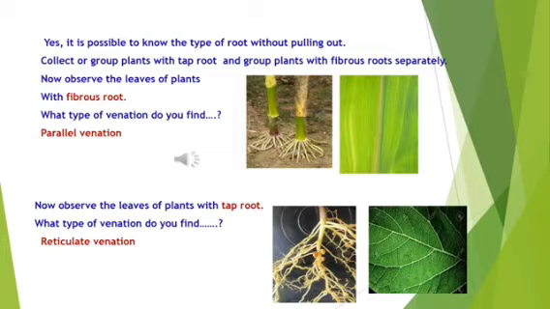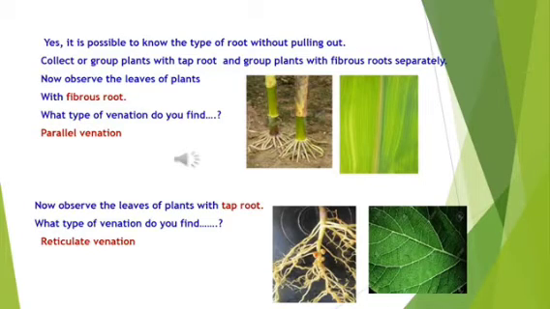Yes, they have reticulate venation. So by your observations here, you can come to a conclusion that the plants with fibrous root have parallel venation, while the plants with taproot have reticulate venation.